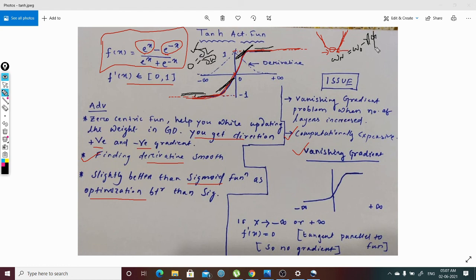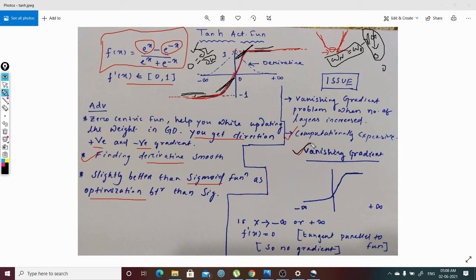If this gradient becomes 0, this whole part will become 0. Then the previous weight and the current weight will be the same, so no weight optimization happens. This is how the vanishing gradient problem occurs, and this is a major disadvantage.